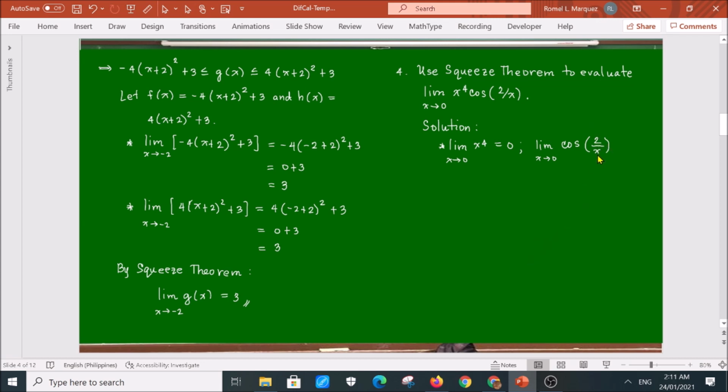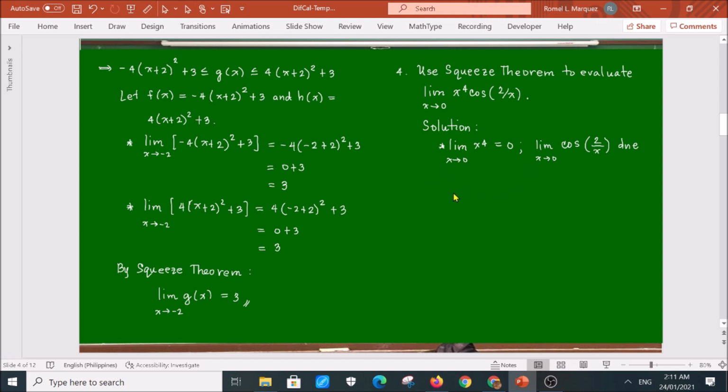As 2 over x gets bigger and bigger, its cosine oscillates between negative 1 and 1. Hence, the limit of cosine of 2 over x does not exist. And here, we cannot apply the limit of a product as the product of limits, so we cannot apply that rule.